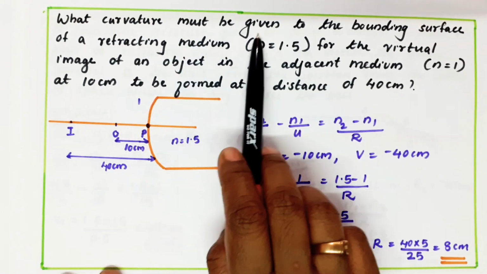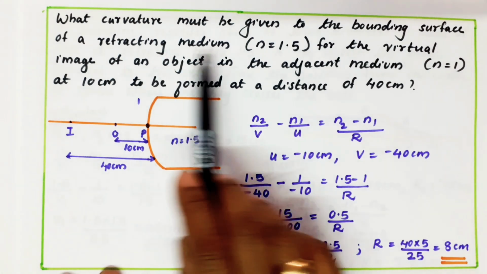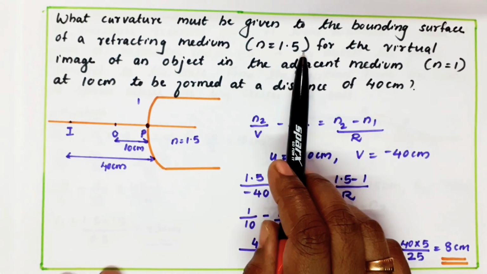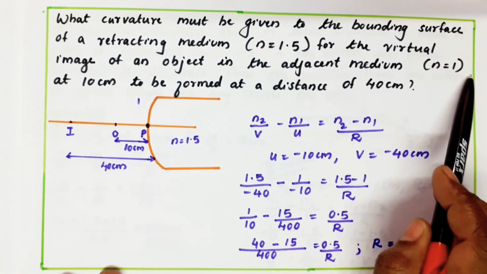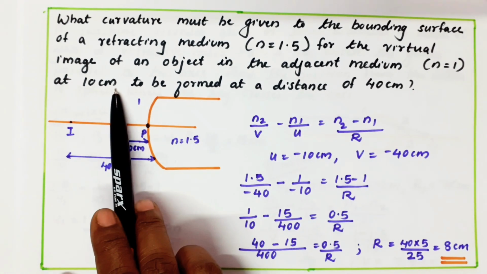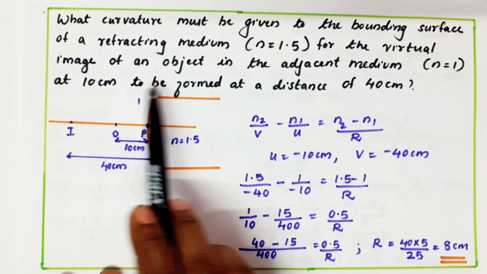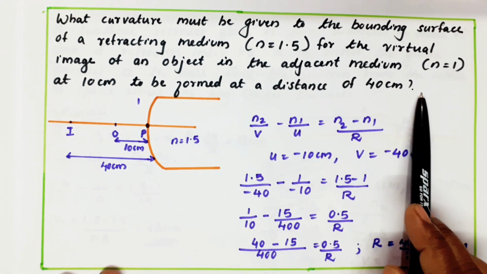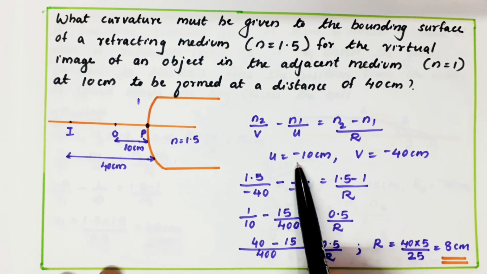What curvature must be given? It means I should find R. They gave medium refractive index 1.5 and the adjacent one is n equal to 1. They gave the object distance and image distance. So V equals 40 and U equals 10.